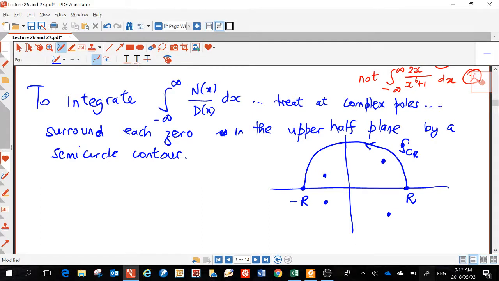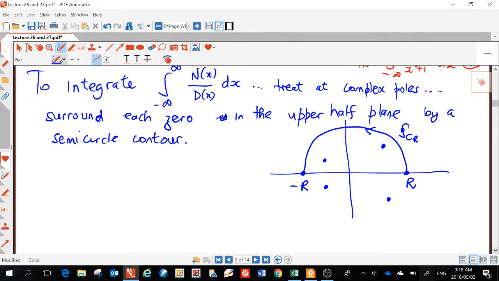If r goes to infinity, then I've got to think at this minus infinity to plus infinity. Of course, you're wondering, what about the semicircle part? What will be the integral along the semicircle? Don't worry, all will end very well here. That integral works out to zero. The integral along the semicircle part will work out to be zero. But let me prove that next. Let me first establish this theorem here.